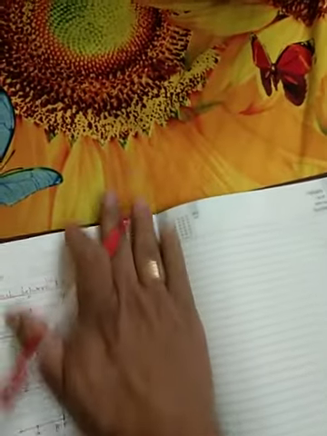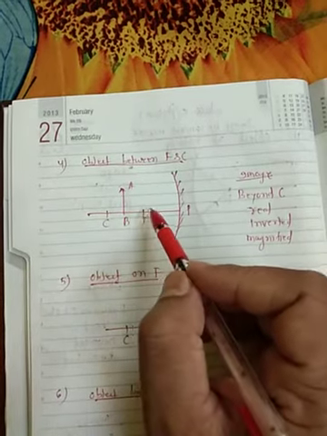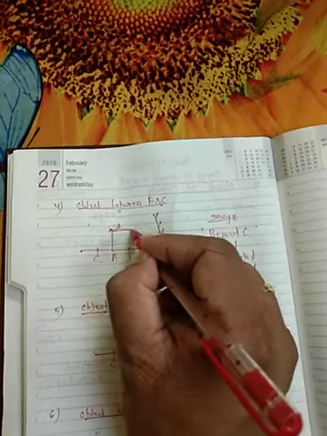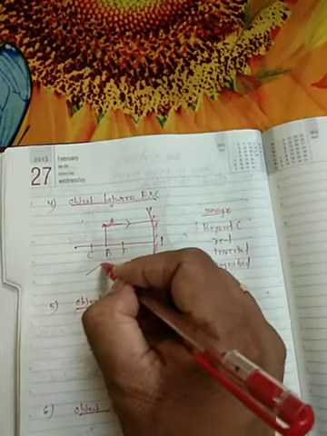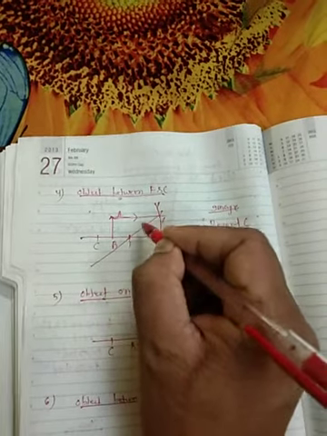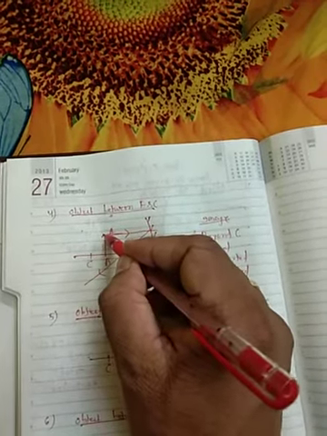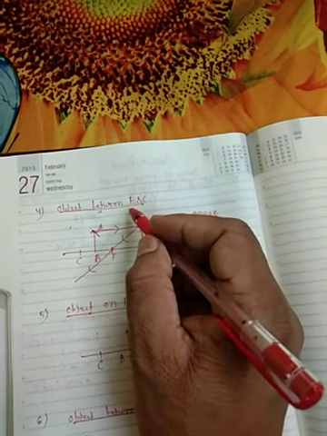Then the fourth case is object between C and F. Take a ray of light parallel to principal axis. After reflection it will pass through focus. This is the first ray. Take a ray of light through focus, or you can take it through center of curvature also.